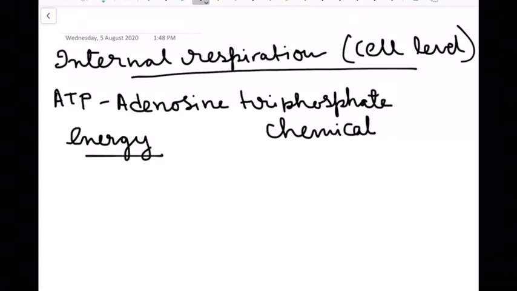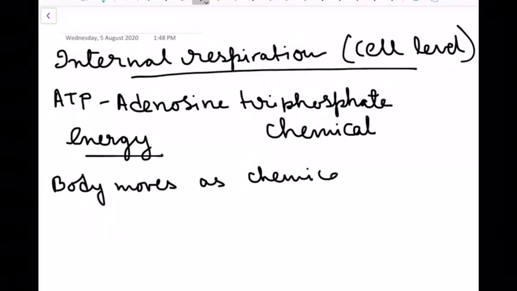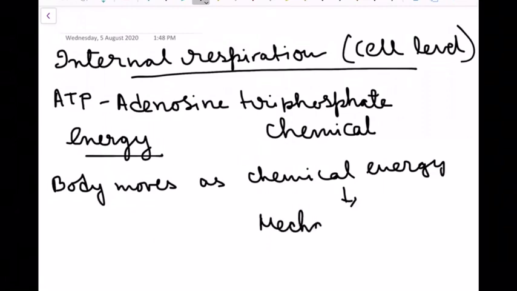I always said that to you while teaching science last year. Our body moves as the chemical energy gets converted into mechanical energy, and hence we are able to do any work.